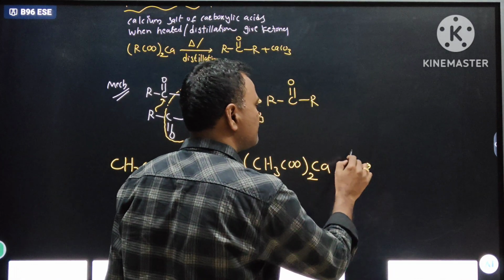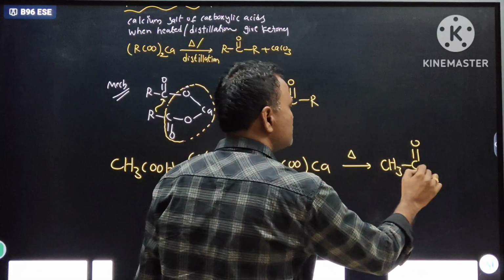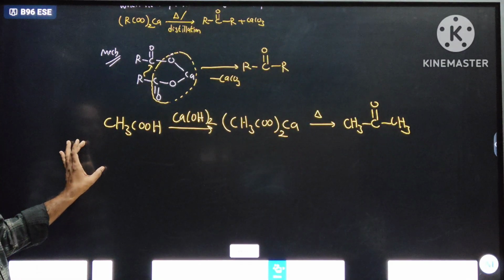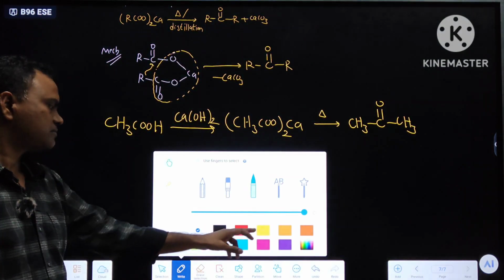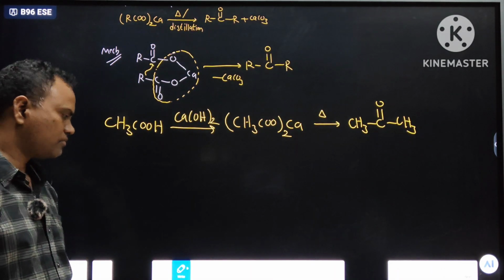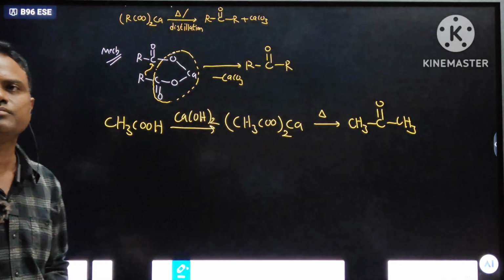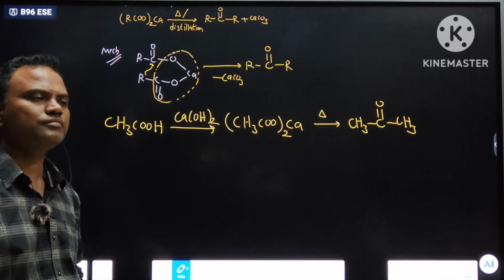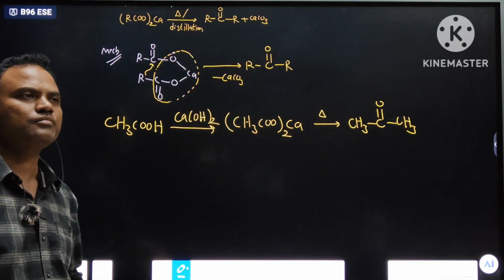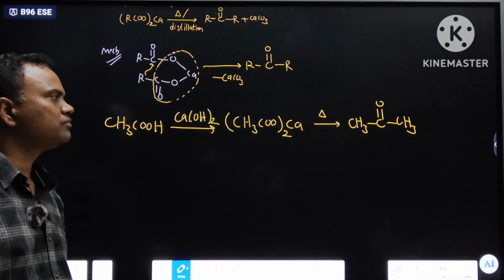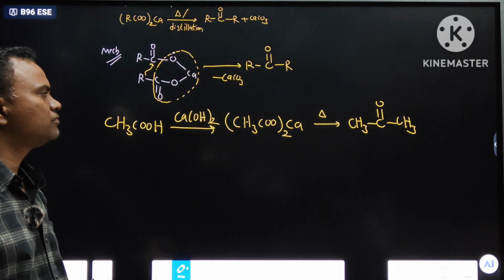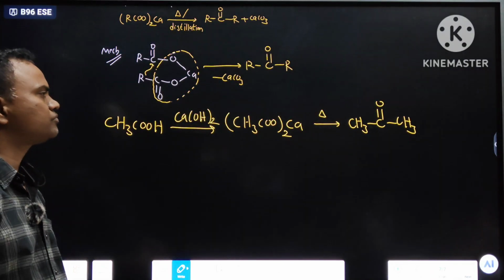Now heating. CH3–C=O–CH3. Acetone is formed. Okay. What is the mechanism?